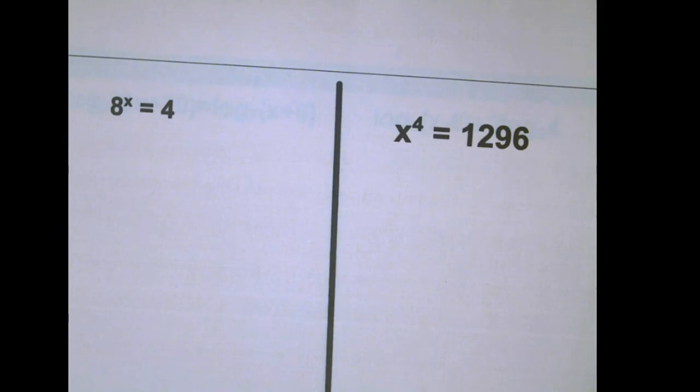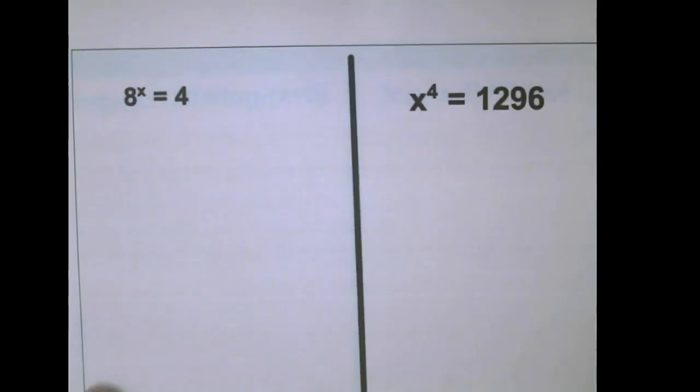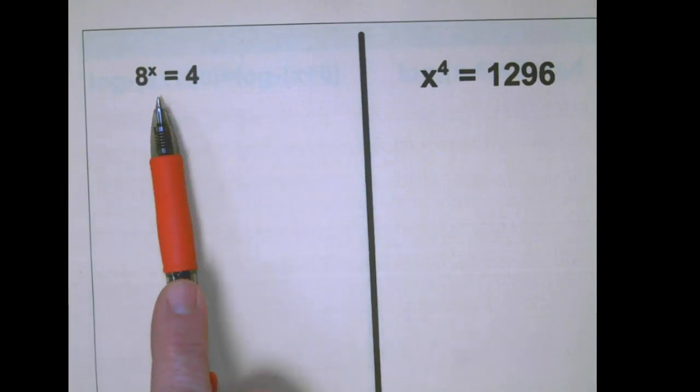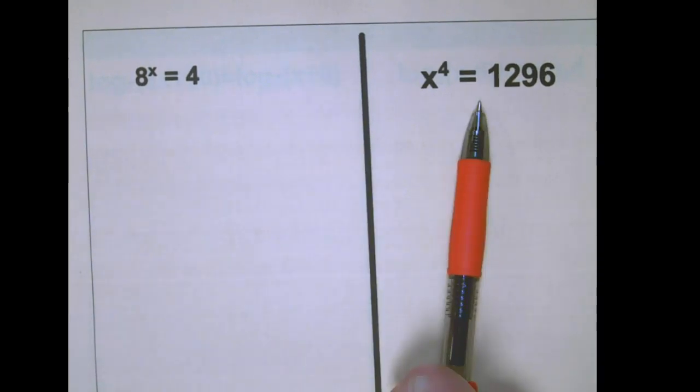And we're going to do 2 examples. This is the page that says exponentials, no logs at the bottom. Now, actually, these are not both exponential. This is an exponential equation. This is an equation with an exponent.